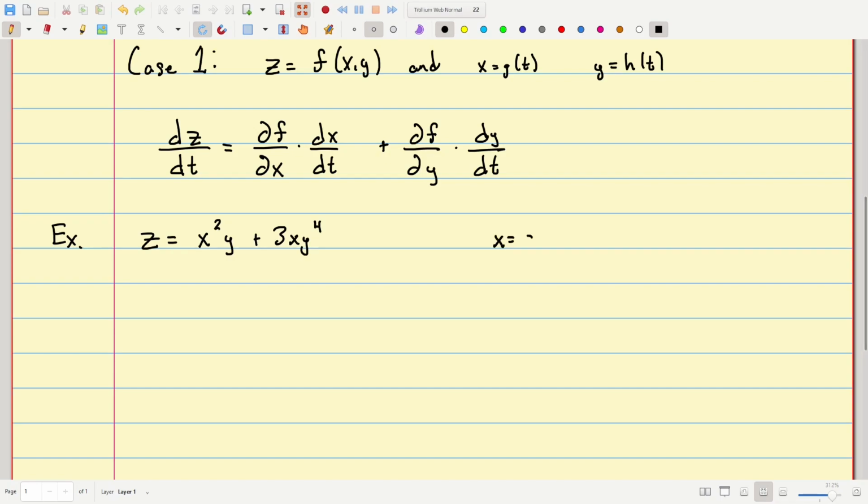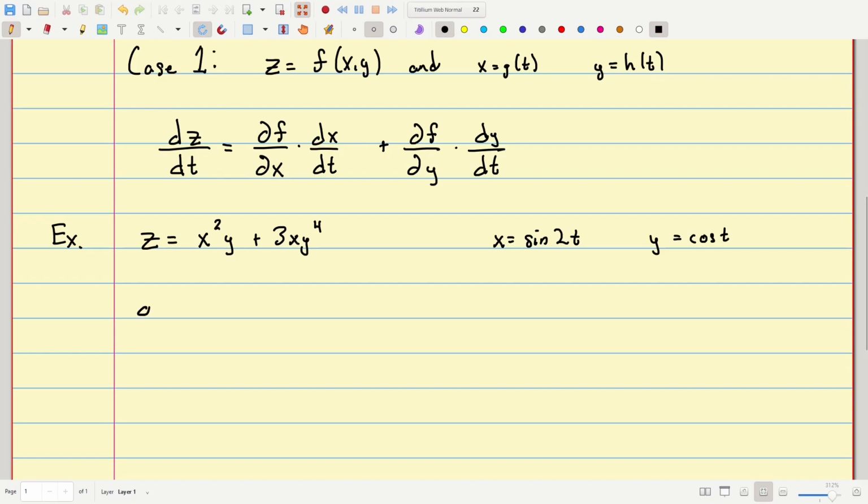And we have x equals sine 2t and y equals cosine t. And what we want to do is find the derivative of z with respect to t. Okay. Now, we look to the chain rule here.